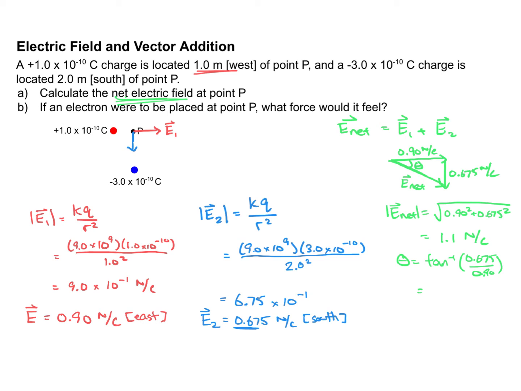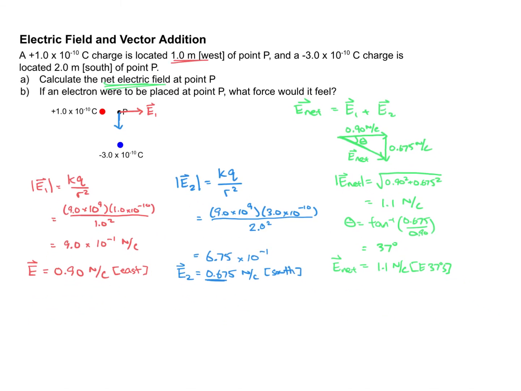And I'm getting 37 degrees for that. So my net electric field will be 1.1 newtons per coulomb, and then it will be east 37 degrees south. Okay, so a little practice with the electric field formula, but also a little review of vector addition.